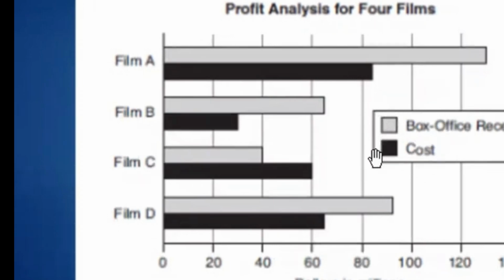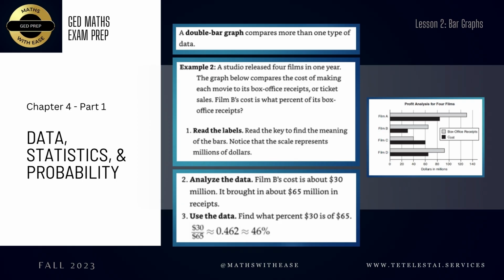So this is the key that is letting us know what's going on with this particular bar graph, right? We know that the grayed out bars represent box office receipts, and the black bars represent the cost, right? So let's go back to our question.